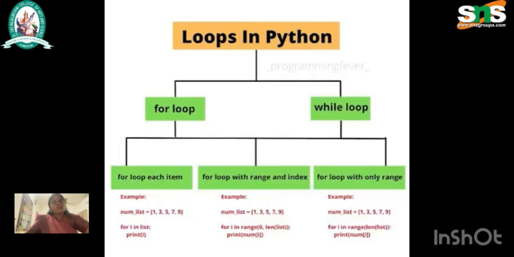For example, if I use the for loop as a nested loop: for variable name in range, and after that again for variable name in range, and inside that I give the statements.